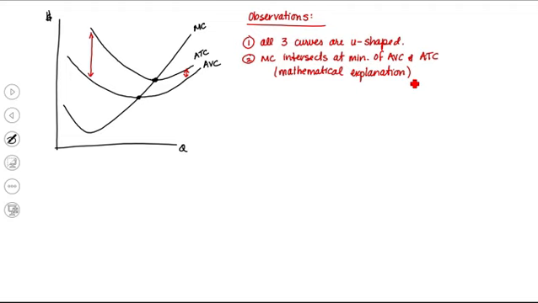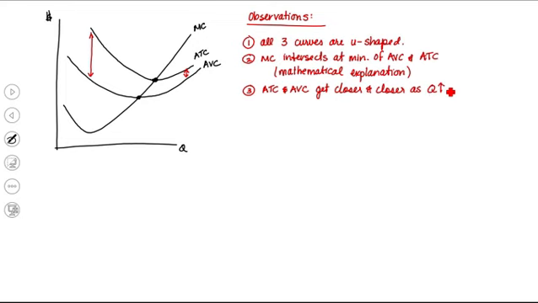The third thing that we see, guys, is that average total cost and average variable cost get closer and closer as Q gets bigger.